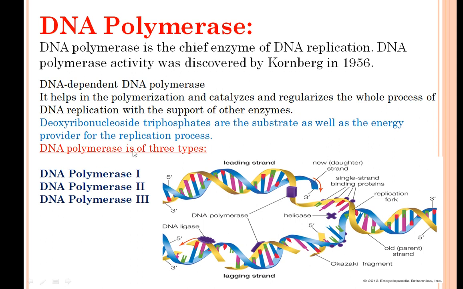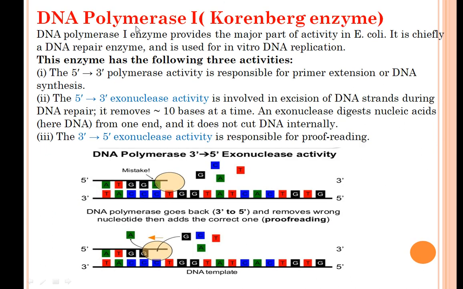Now DNA polymerase is of three types: DNA polymerase 1, DNA polymerase 2, and DNA polymerase 3. DNA polymerase 1 is known as Kornberg enzyme. The important function of this enzyme is 5' to 3' polymerization, and it has exonuclease activity in both 5' to 3' and 3' to 5' direction.